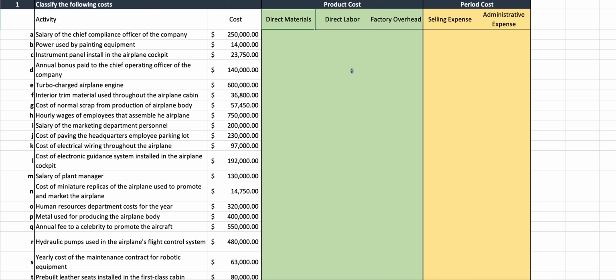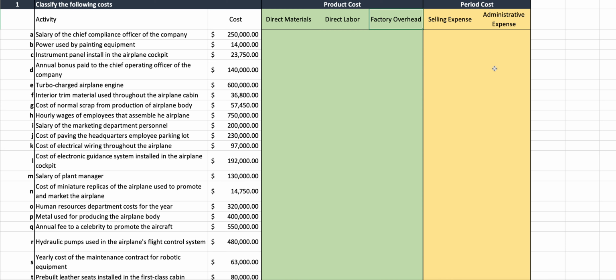Direct materials are the materials that we can directly trace to an end product. Direct labor, very similar, is something that we can trace from a labor pool directly to a particular end product. And then factory overhead are those costs that really should be applied to the end product, but maybe it's not cost effective to trace it directly, or maybe there's no way to trace it directly.